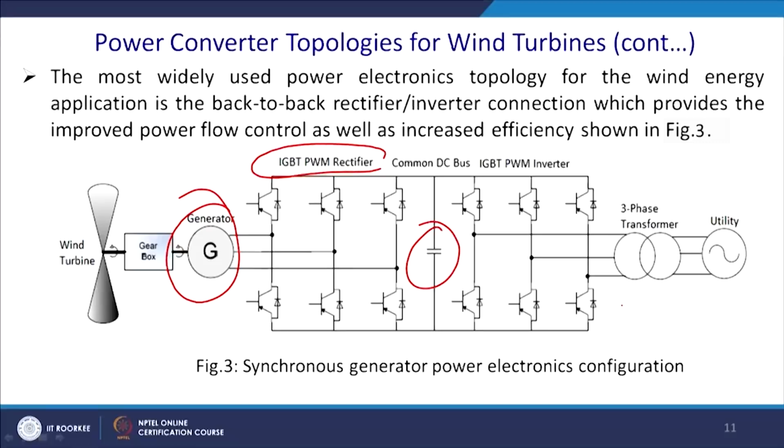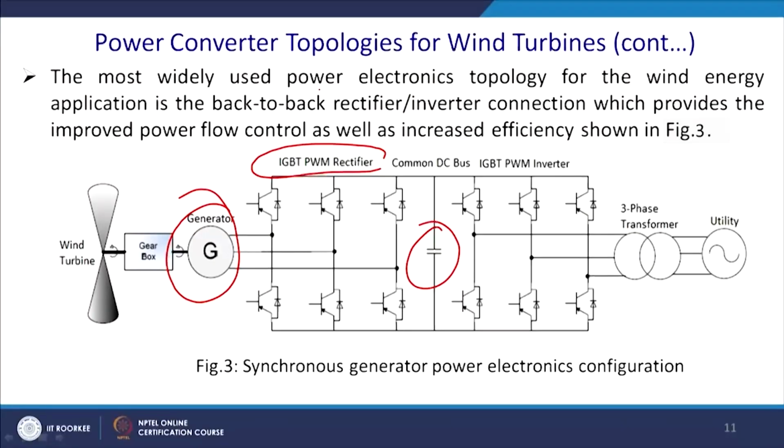Then you have a grid side inverter, which will inject power to the grid with the necessary PQ control. That means it will control the flow of real and reactive power as required by the grid current.